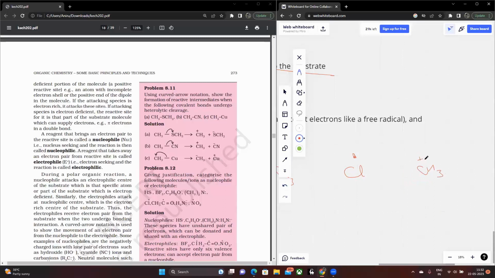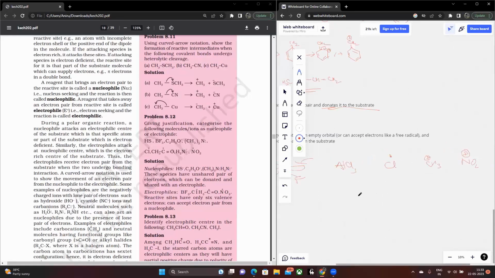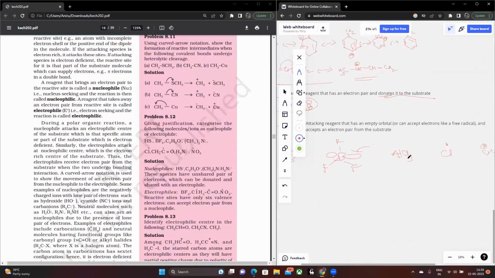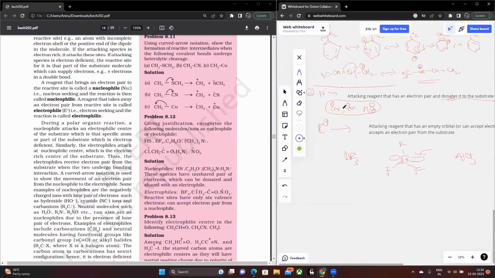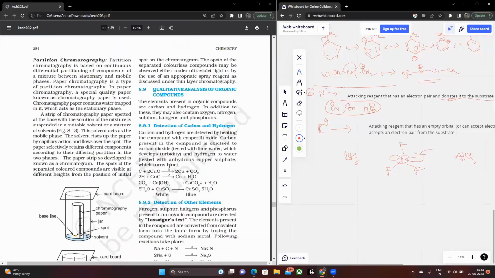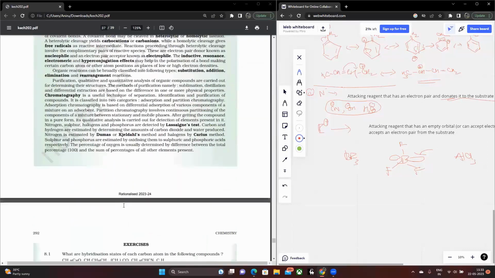You have NO2 plus that acts as an electrophile. These are examples of electrophiles that you have, right? BF3, AlCl3, Cl dot, CH3 plus, NO2 plus, right? And Cl minus, OH minus, H2O are all nucleophiles, right? That is the difference between electrophile and nucleophile.